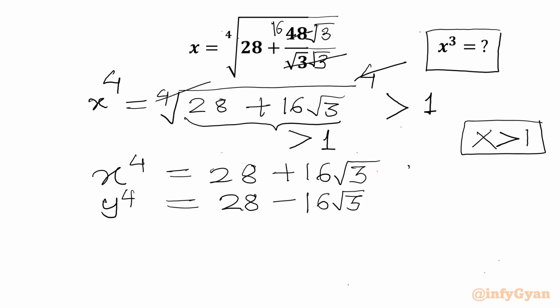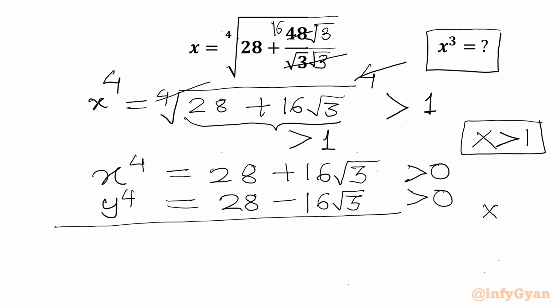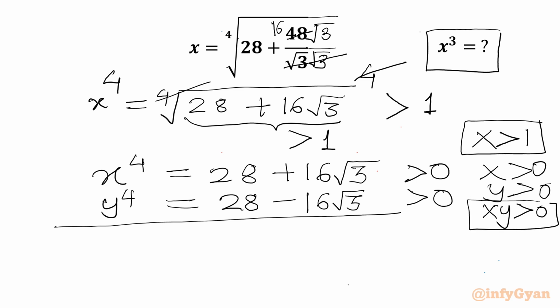Now you can see x is positive, y is positive, so x power 4 will be positive, y power 4 will be positive. So the conclusion from here, I can write xy must be greater than 0. X positive, y positive, product will be positive.